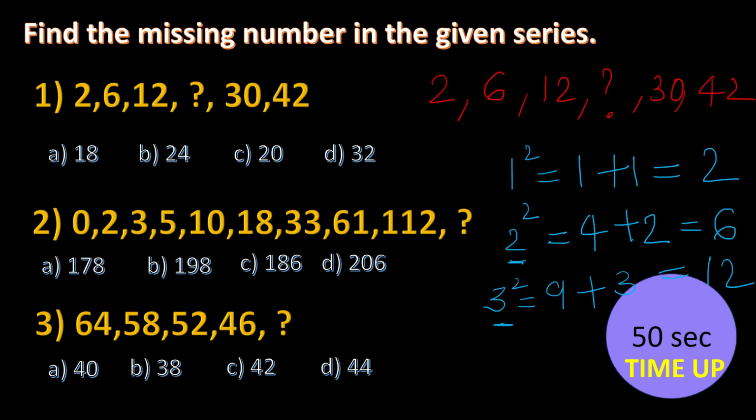So next one will be what? 4, obviously. 4 square is 16, plus 4 you will get 20 as the answer. So correct option is C, that is 20.